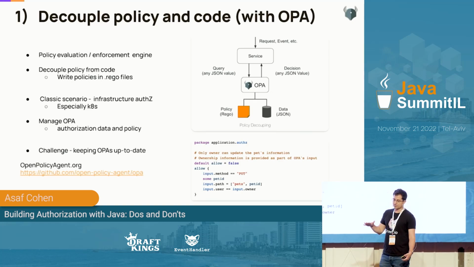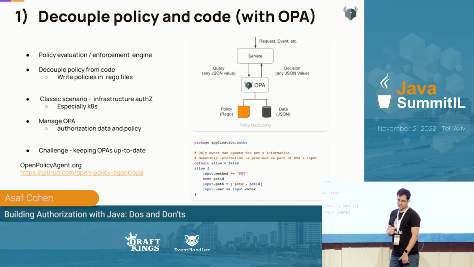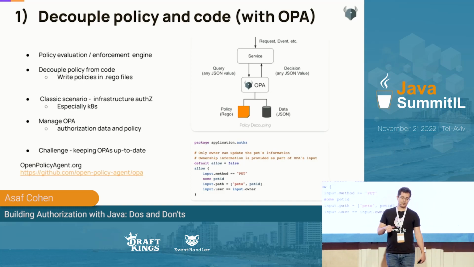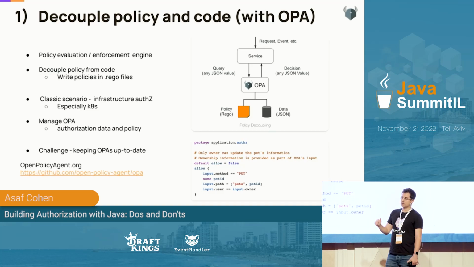And you can express rules like the rule that you see here, that some users are allowed to call the put pets API. So very easy to learn, very simple rules. And if you use OPA, you can have all your policy code separate from your application and expressed in Rego, even in a separate repository, and iterate on that separately.